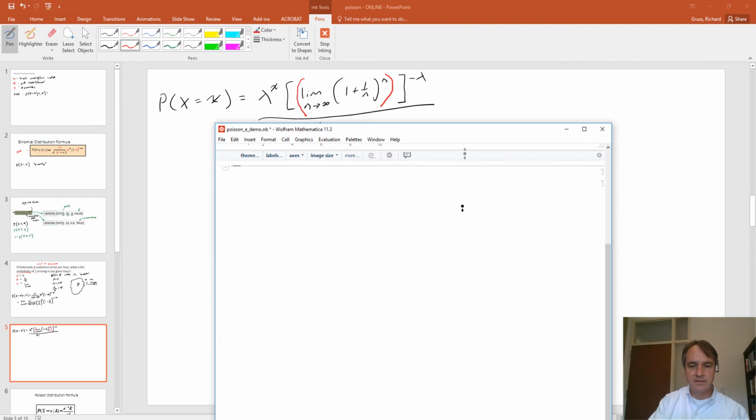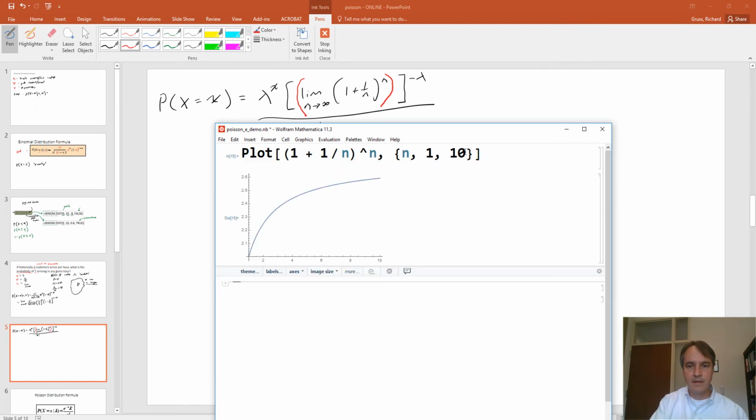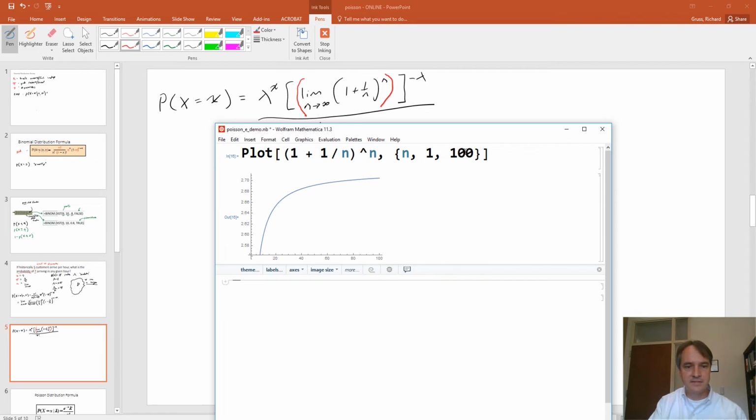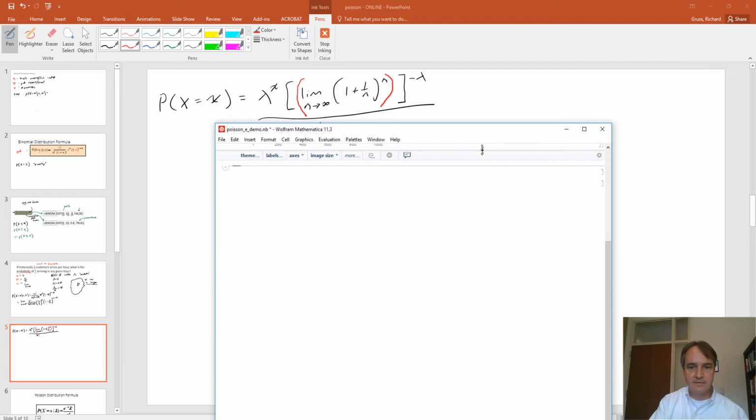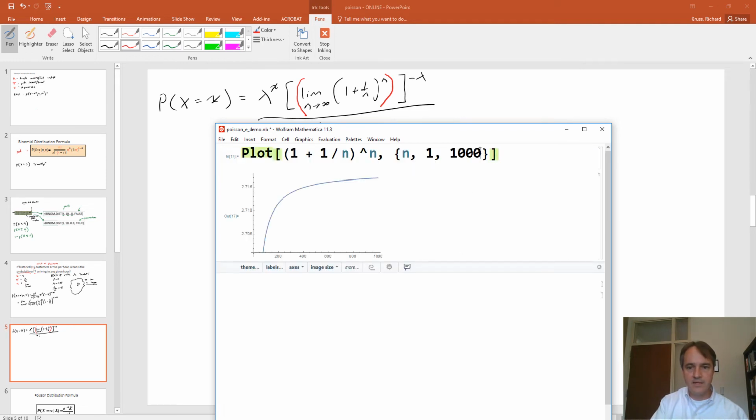If I make this 100, once again I see that it seems to be leveling off at around 2.7. Take it up to 1,000, and it's leveling off at 2.71 something. Let's keep on going up, making it larger and larger.